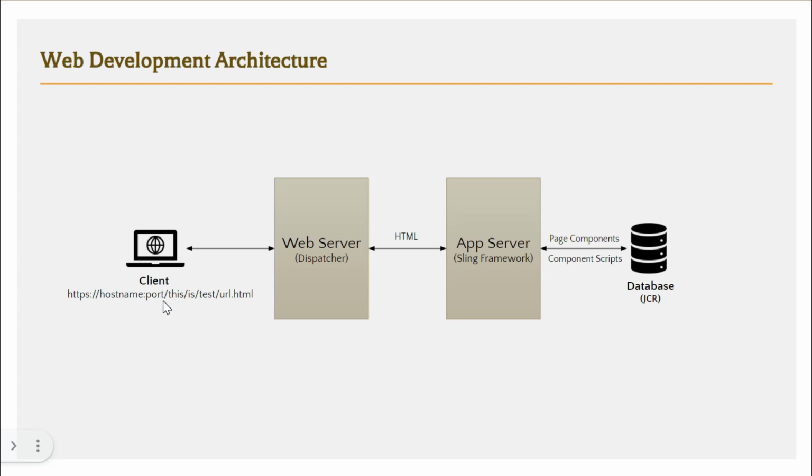It knows that this path is nothing but a folder structure in the JCR, the Java content repository. So it sends a request to the JCR with this path, and fetches the property file existing in that particular path.